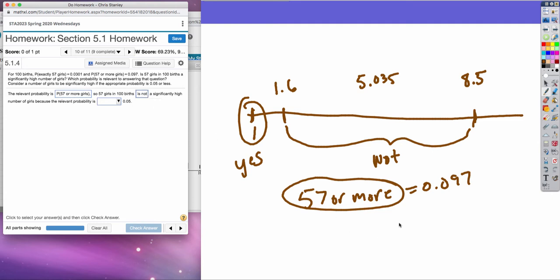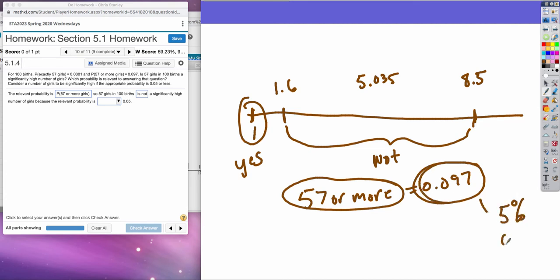Okay, so to do significance, you have to compare this number, 0.097, with 5%, which is 0.05. So you have to put them right next to each other.